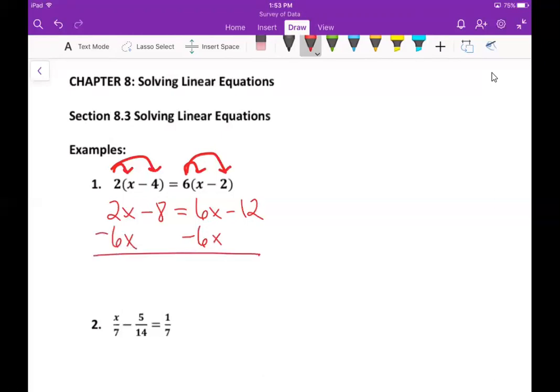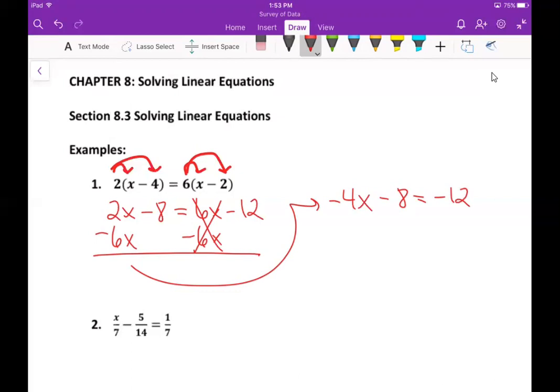To move an entire x term, you'll always add or subtract. So subtracting 6x from 6x will leave me with 0. That will leave me then with negative 4x from taking 2x minus 6x. I'll bring that negative 8 alongside, and that will be equal to negative 12.